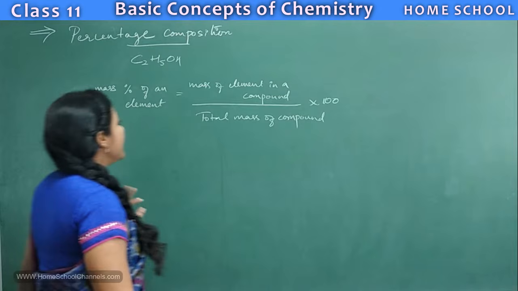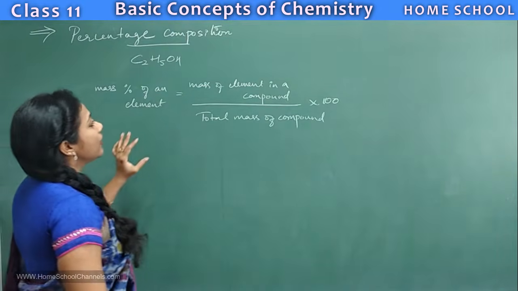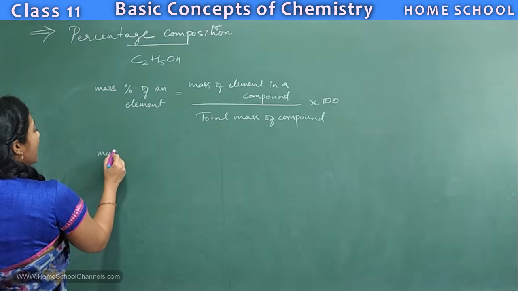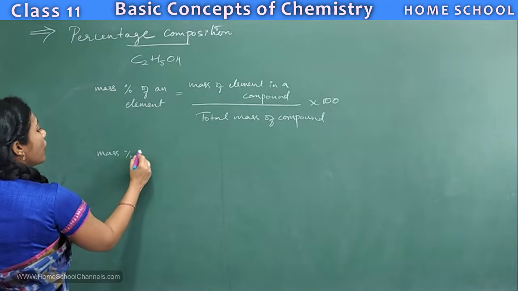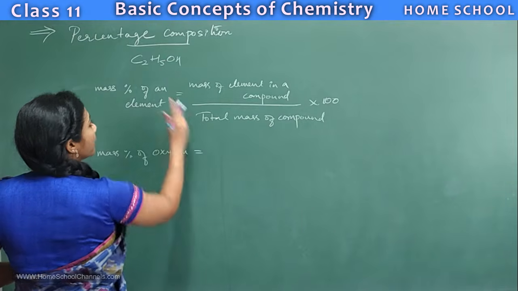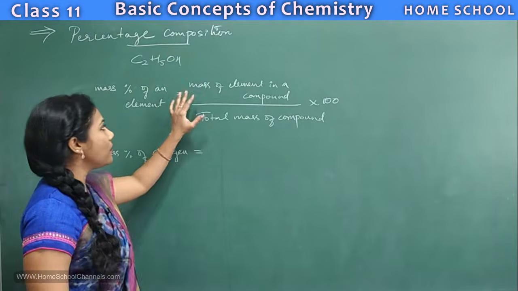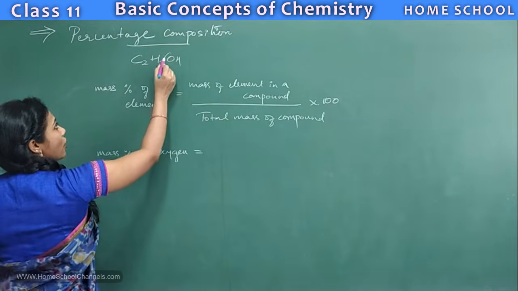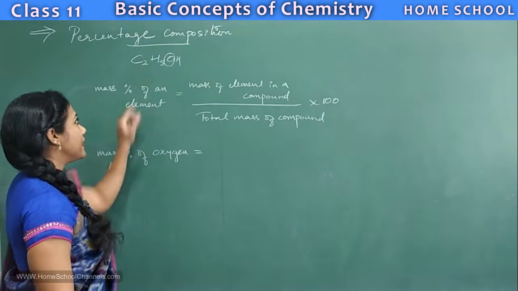Clear? Okay. Now if I have to find the mass percent of oxygen, so how do I find the mass percent of oxygen present in ethyl alcohol? I am going to calculate. So what is the formula? Mass of the element in a compound. So what is the mass of this element present in a compound?